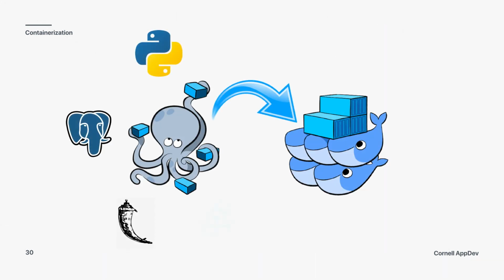So I have this nice visual of my good friend Docker Compose Octopus and my Docker image or container whales. So if you can see, this octopus has like multiple bricks in his multiple tentacles, and that's just to give you a visual of how I can have separate applications in each of my tentacles, but I can orchestrate all of them with one nice marine creature, which is my Docker Compose Octopus.